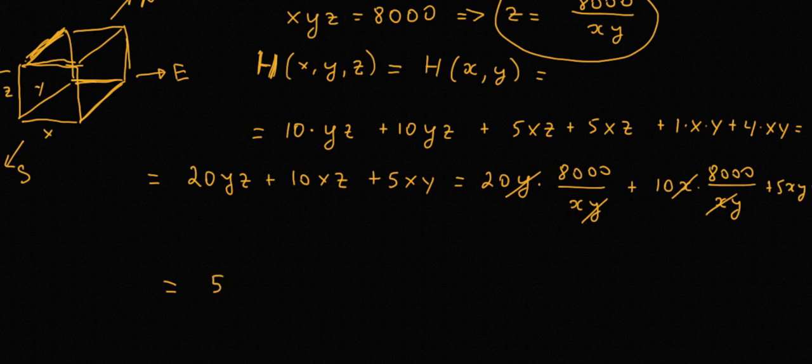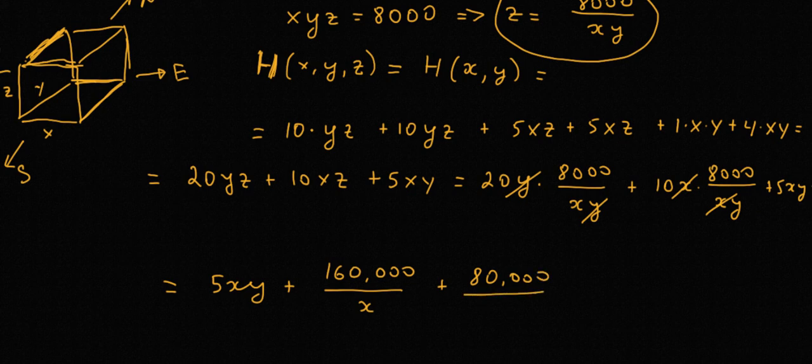So we get 5xy plus 20 times 8,000, that's going to be 160,000 divided by x. And then we have plus 80,000 divided by y. And this function calculates the amount of heat lost by our building if the dimensions are x by y by z.